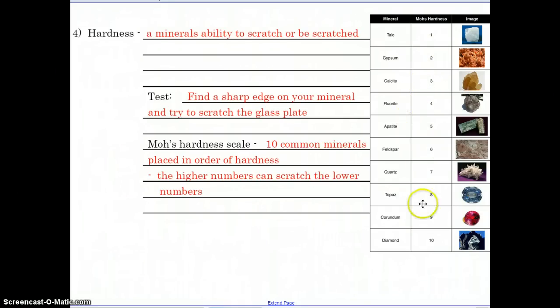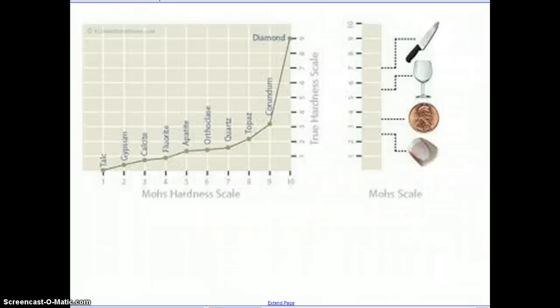So we use this scale to help us identify the hardness, which is very characteristic of a mineral. Your fingernails are at about 2.5, so if you can scratch a mineral and make it powder without scratching your fingernail, then you know that mineral is less than 2.5, so it's a 1 or a 2 on that hardness scale.